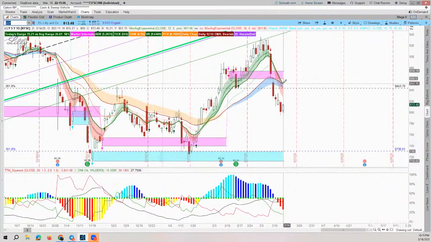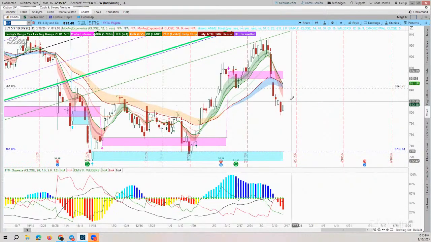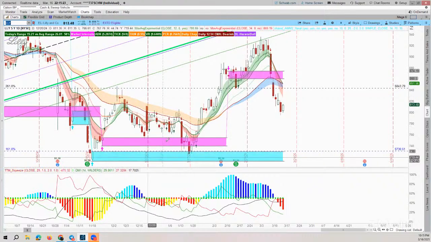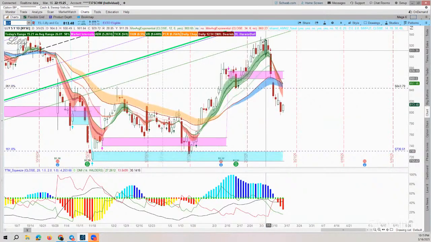So Lilly is looking real weak. It's an inside day for now. The TTM squeeze has fired negative. So if it bounces towards maybe 820, 830, I would take a short and sell it. Lilly is looking negative. Last time it went to 700 and from there it went higher all the way to 920.